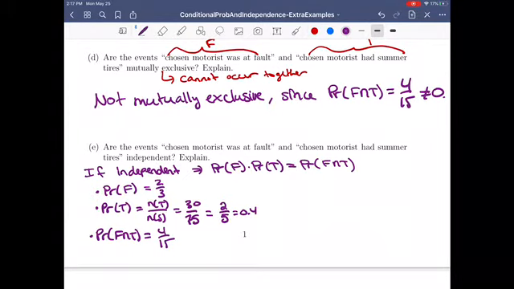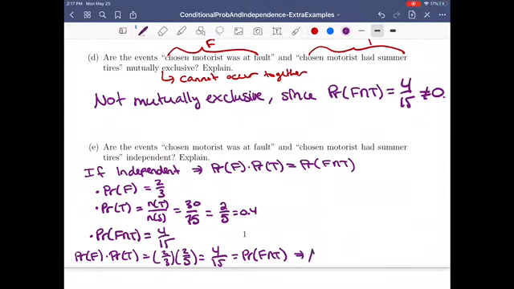So we take the probability of F times the probability of T: 2 over 3 times 2 over 5. We get 4 over 15, which is the probability of the intersection. So that means that these are independent.